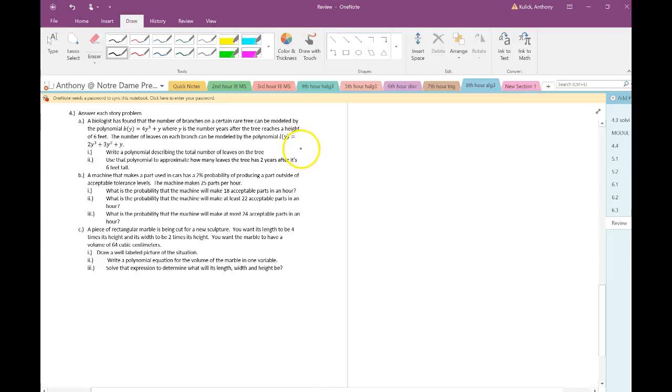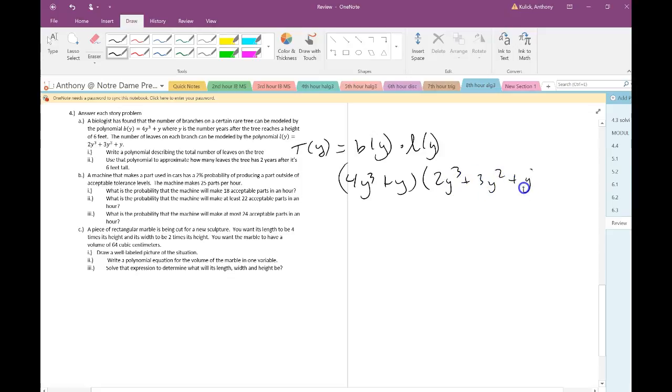Well, I know that the total number of leaves on the tree is going to be the number of branches times the number of leaves on each branch. So I just have 4y cubed plus y times 2y cubed plus 3y squared plus y.